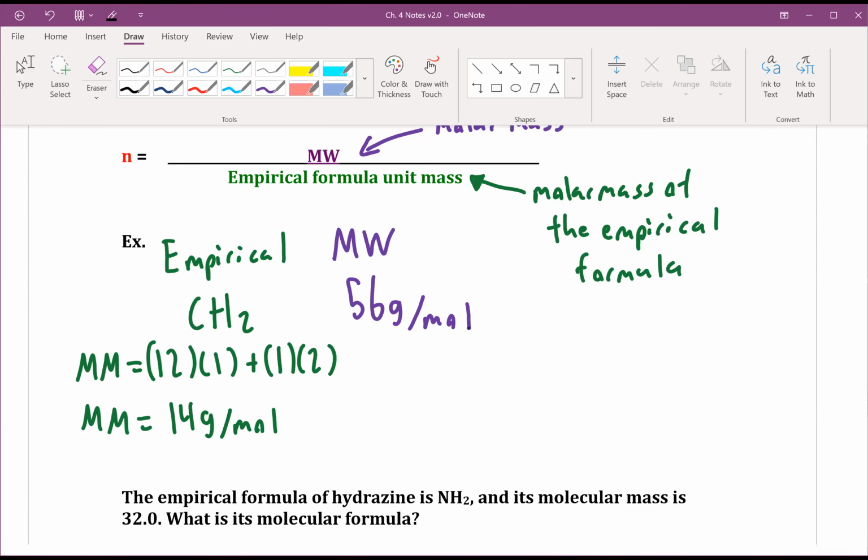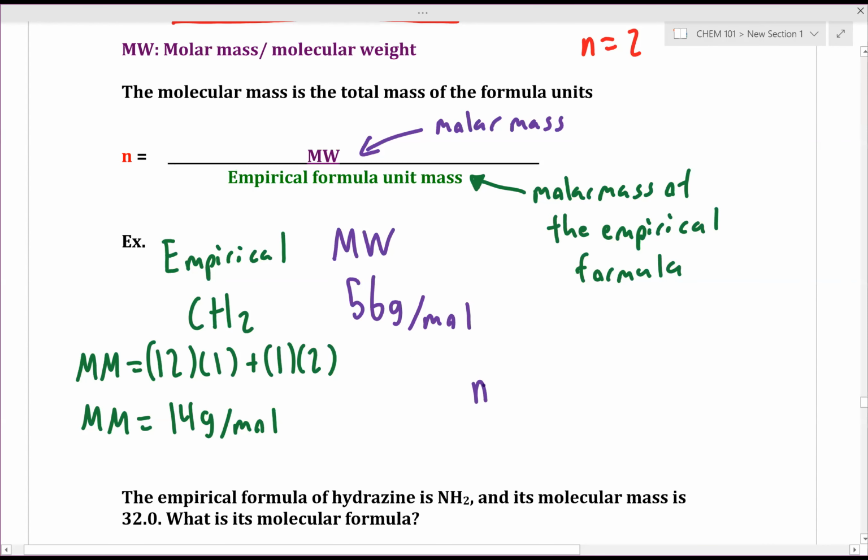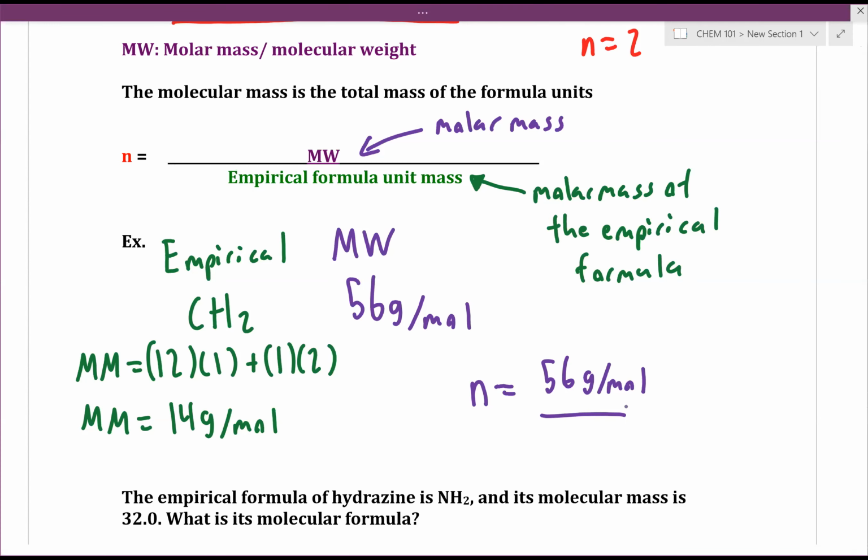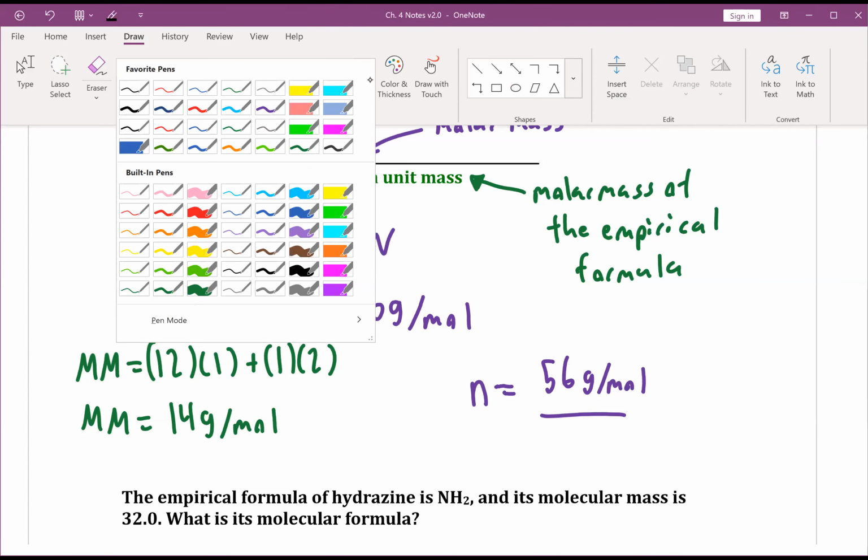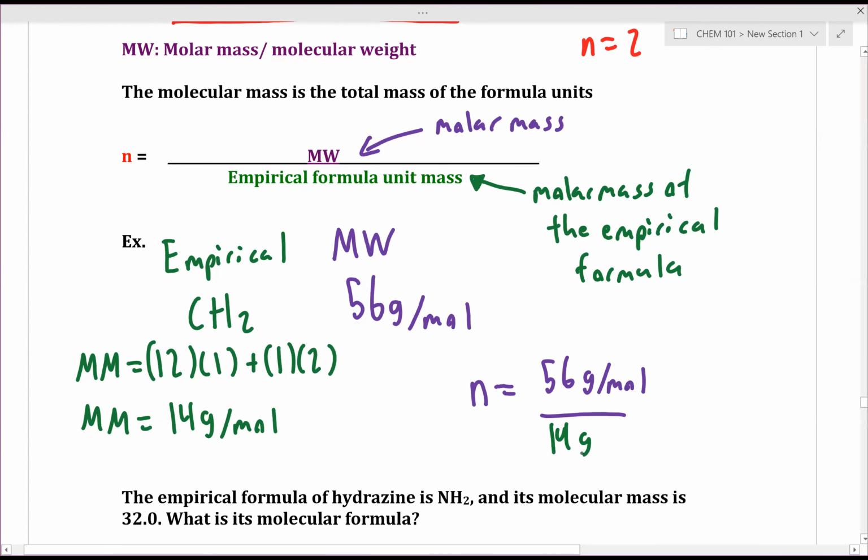So for N, we know that N is equal to our molecular mass, which is 56 grams per mole, divided by our empirical mass, which is 14 grams per mole. This in turn gives us a value of N, if we punch it into our calculator, of 4.